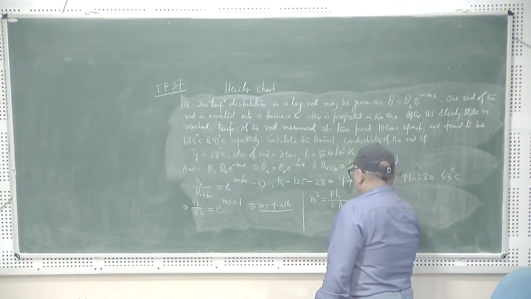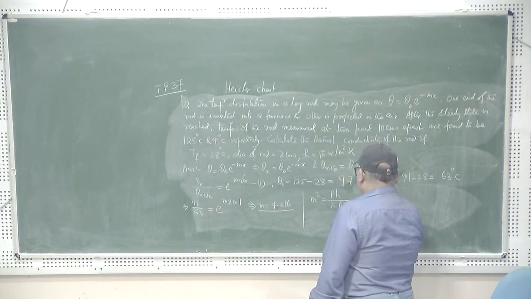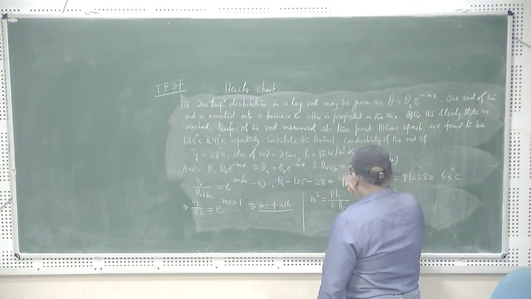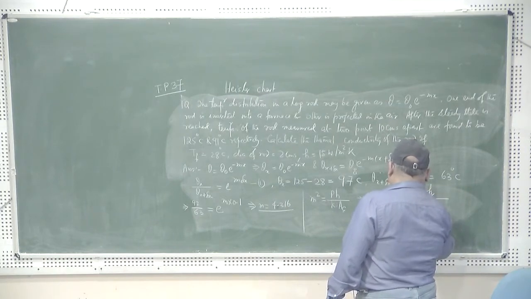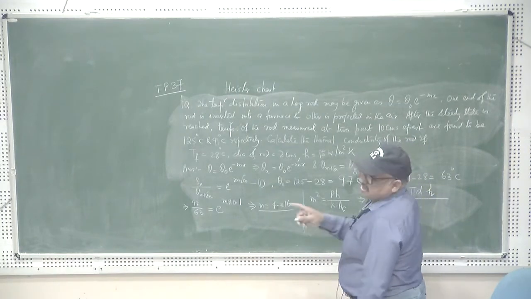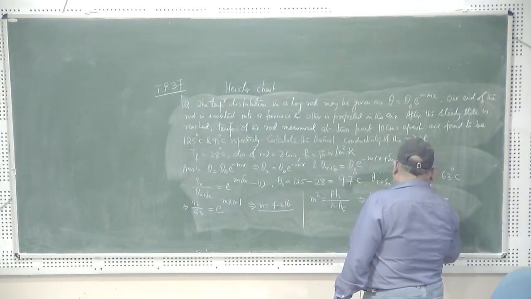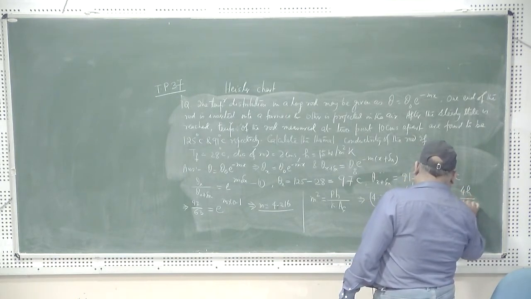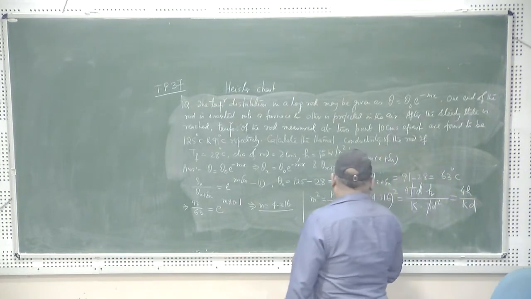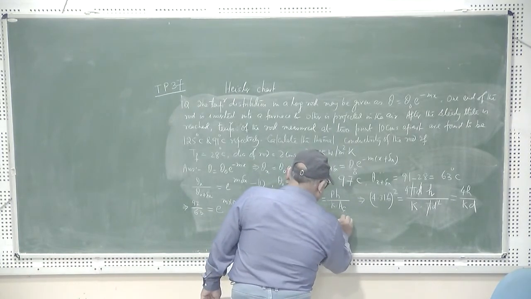So, 4.316 whole square should be equal to P, because the rod is cylindrical in nature. So this is equal to pi into d into h divided by k into cross sectional area, which will be circular. So, pi d square divided by 4, so 4 will come here. Pi d cancel, that is equal to 4h upon k into d, or the value of k is equal to 4 into h.